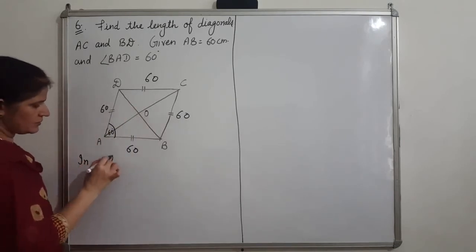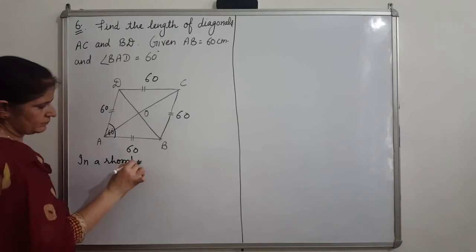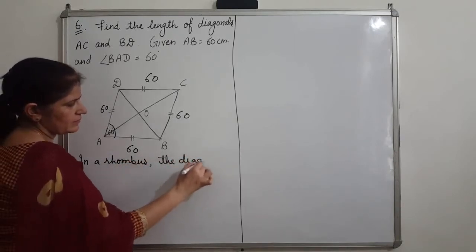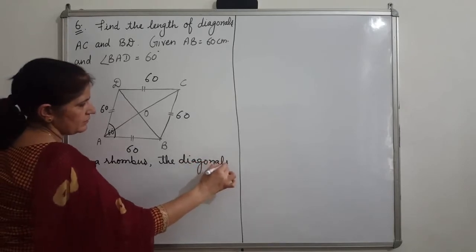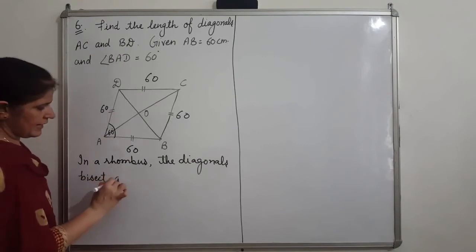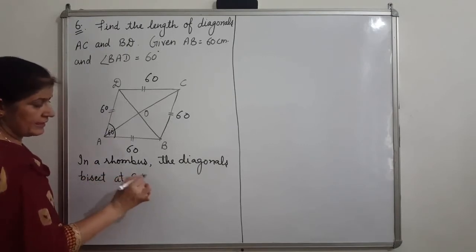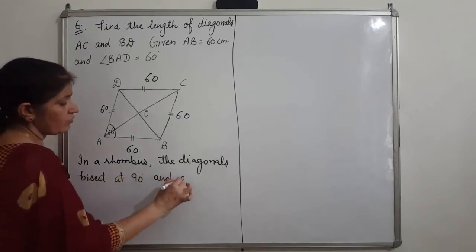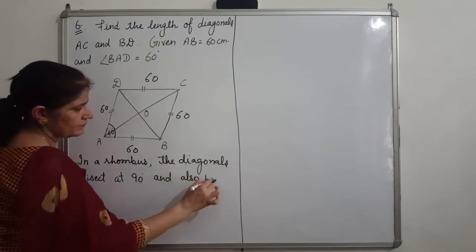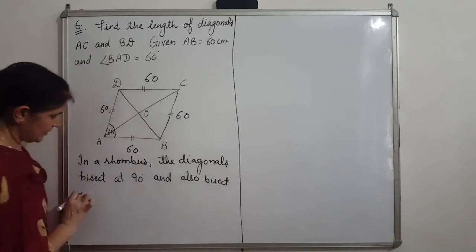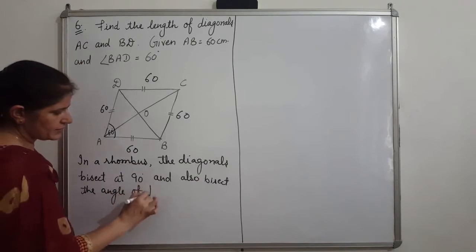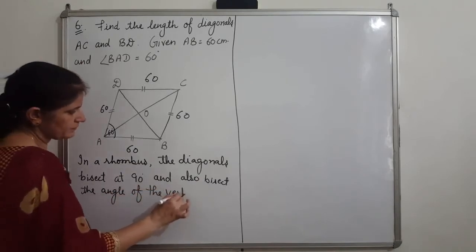In a rhombus, the diagonals bisect at 90 and also bisect the angle of the vertex. What it means?